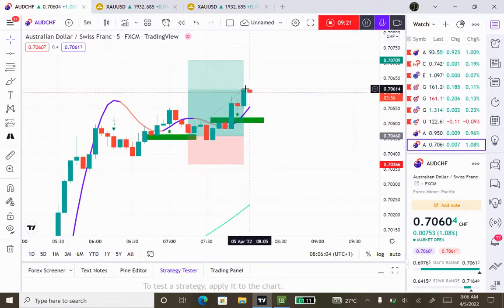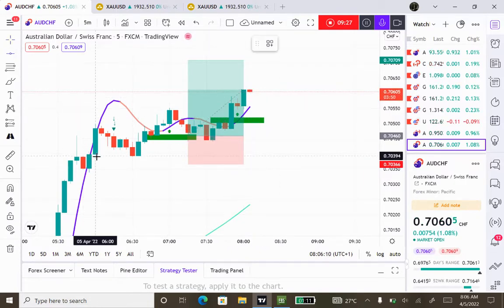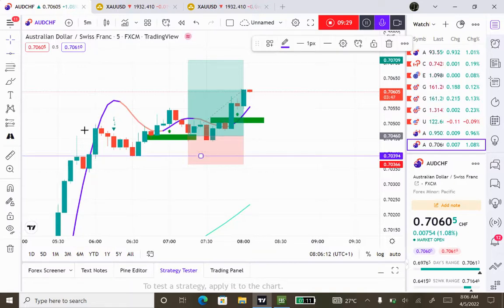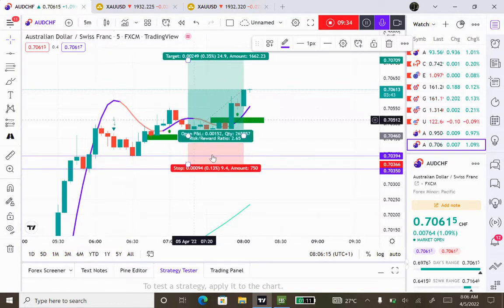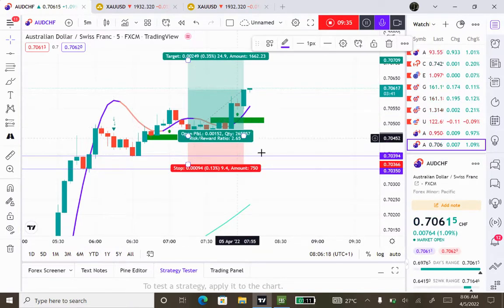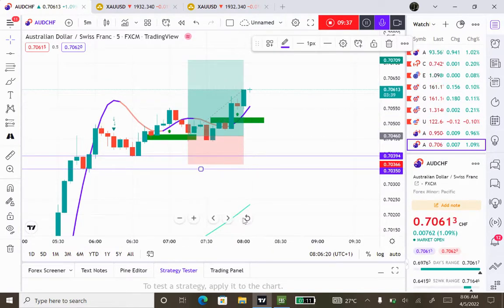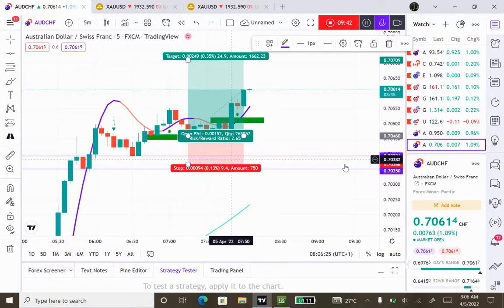Another signal came up. You can enter the market on this candle, but I already have a position. And don't forget that I have my demand level right here. Even if the market does a retracement, it's going to bounce off from this level because the market is still very much bullish. That's why I have my stop loss right here.